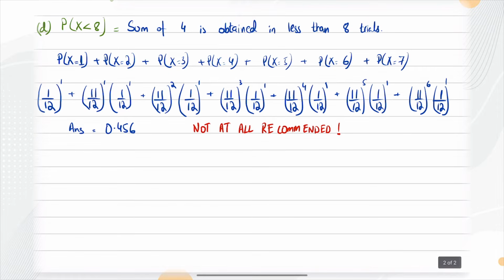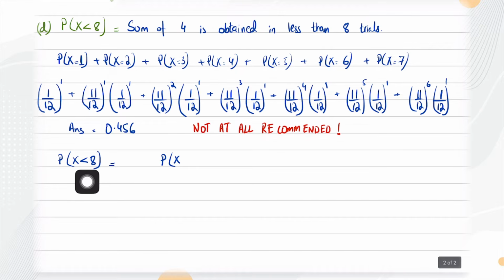So what do you think would be the opposite of x is less than 8? Is it x greater than 8, or something else? Greater than or equal to 8. Okay, so let's put it to words.